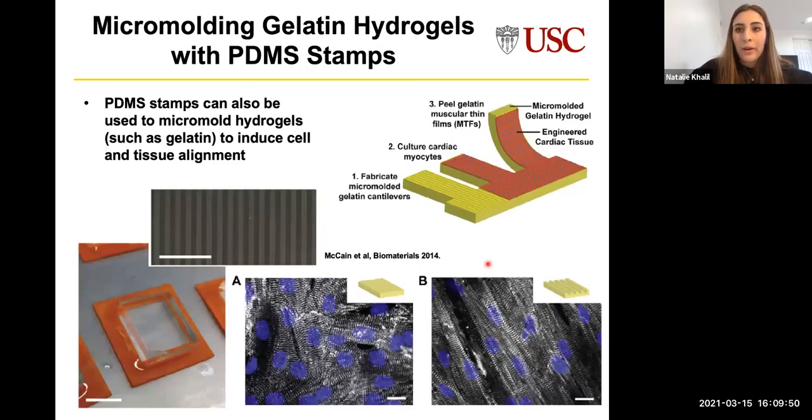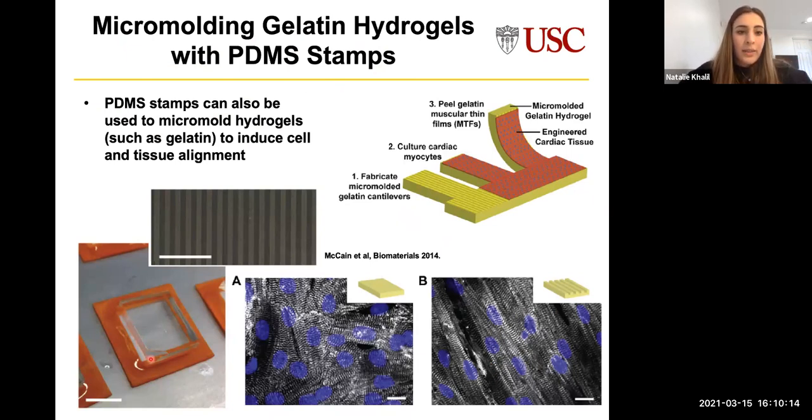So we talked about micro-patterning with PDMS, so microcontact printing of cell adhesion proteins on PDMS. But what if your biomaterial is already adhesive to cells, such as gelatin? So in that case, we can use the same PDMS stamps in a process called micromolding, where we've talked about how gelatin forms a hydrogel overnight at room temperature.